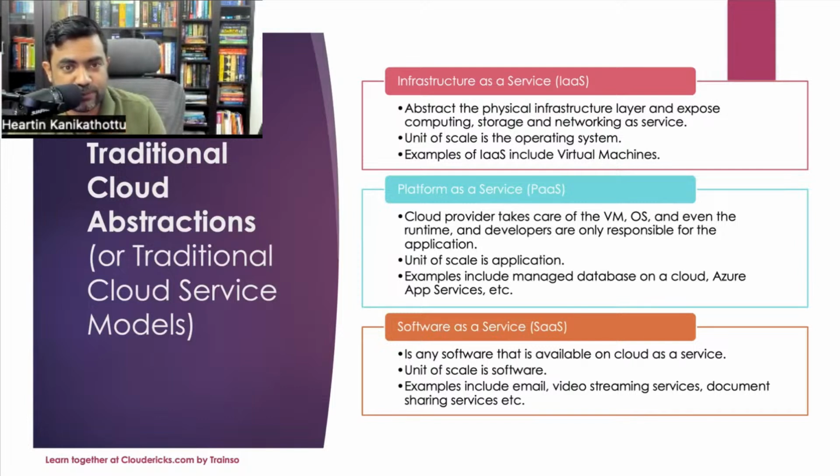So now if I ask you another question, which of these will be costlier from an operations perspective, from your operations team's perspective, from your company's billing perspective? It will be infrastructure as a service. Why? Because if you look around, why are we having a lot of layoffs these days?